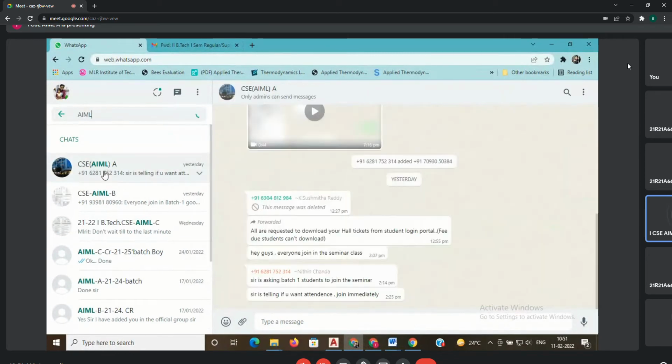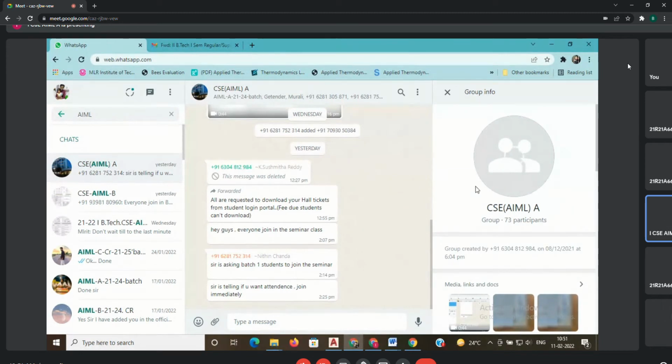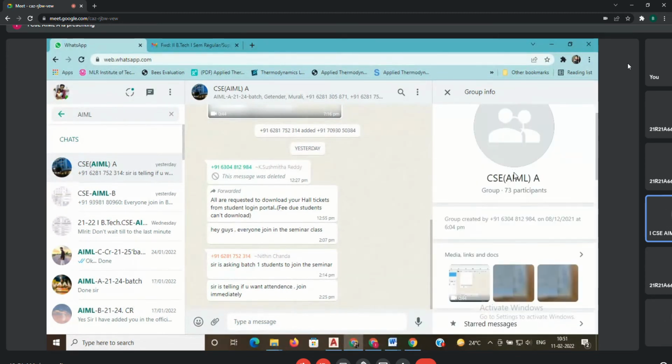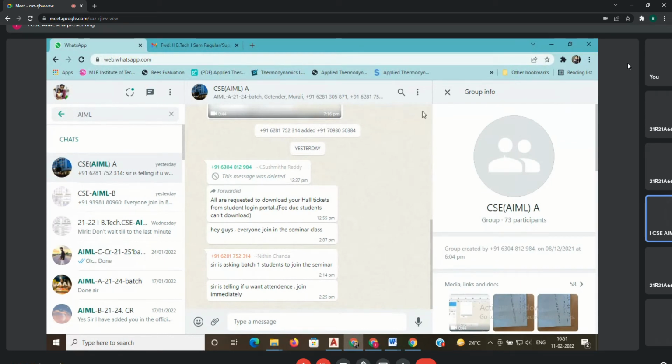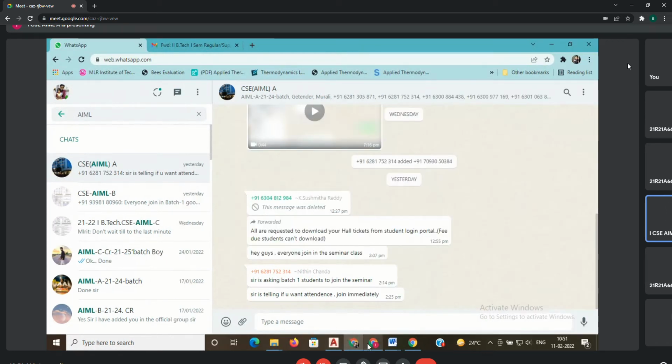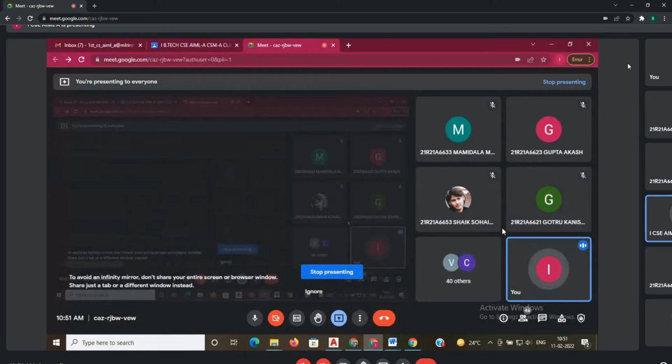A section. If you have the timetable you can check it. Okay, next week.